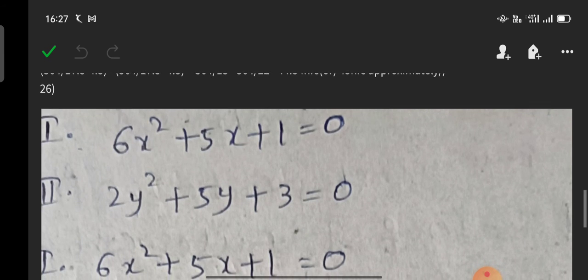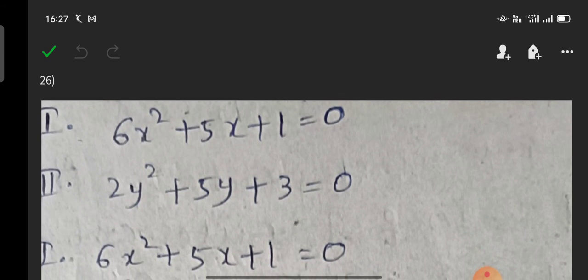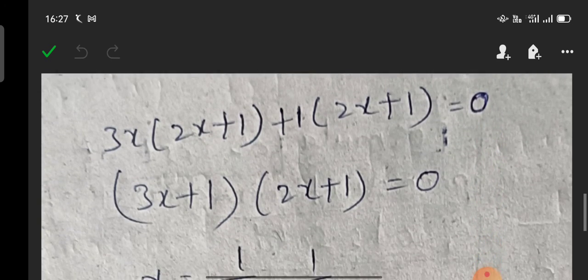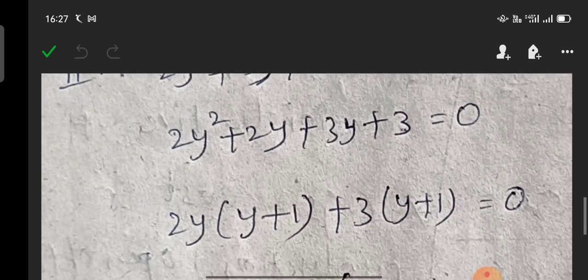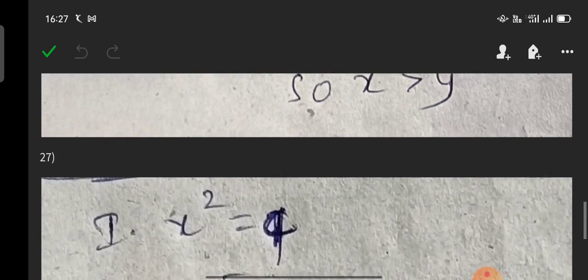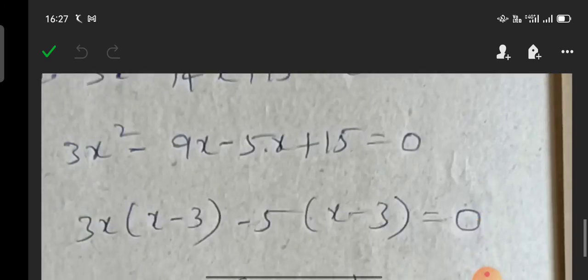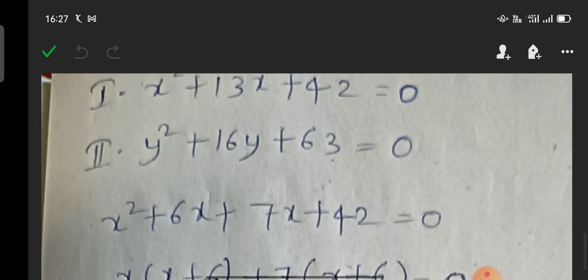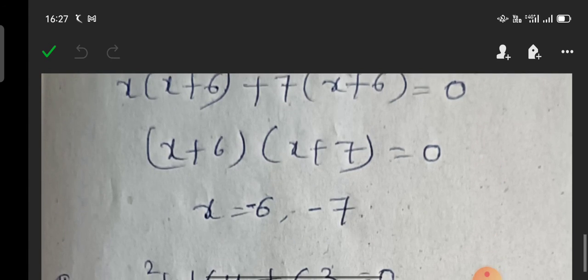And from the 26th question, these are quadratic equations. So here it is solved and kept, so you can watch it by passing. So there are, I can see, 5 quadratic equation questions.